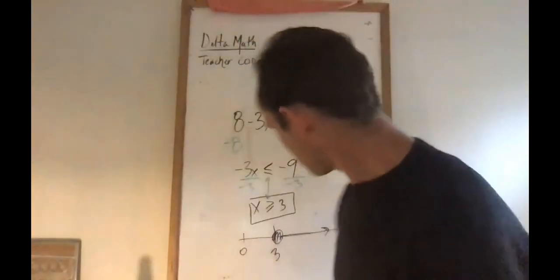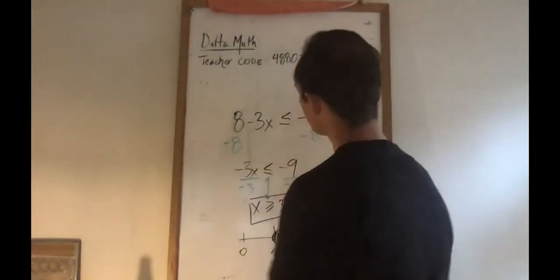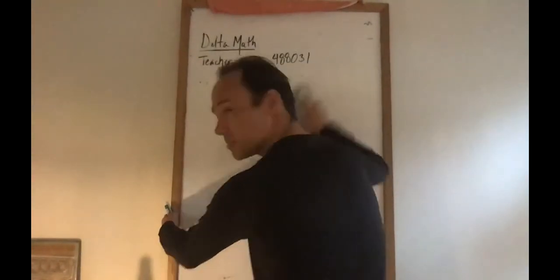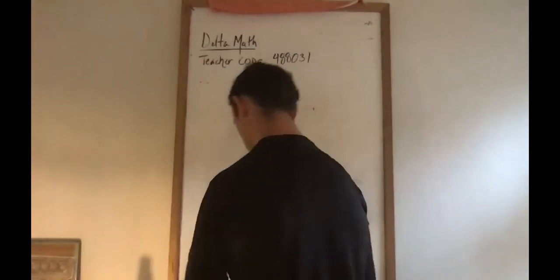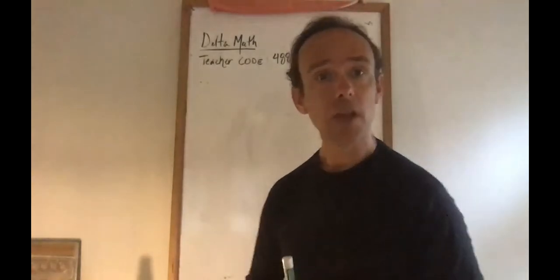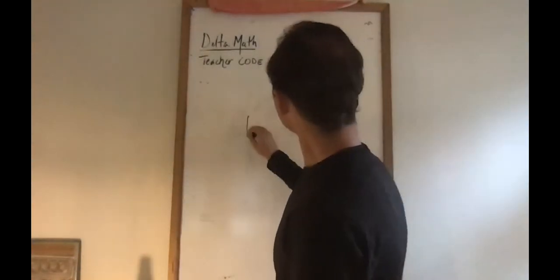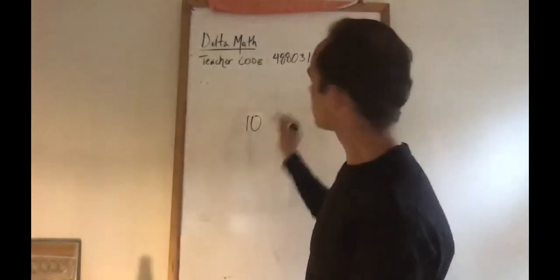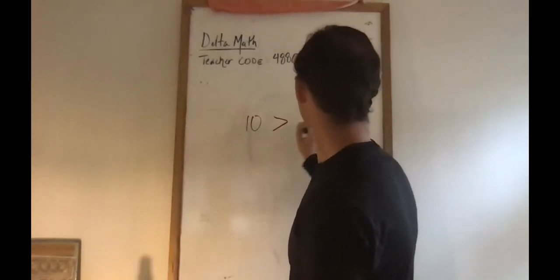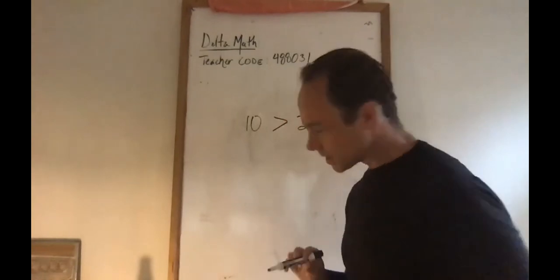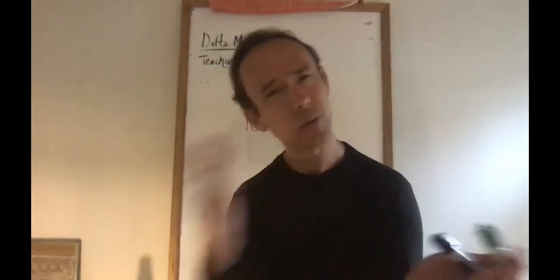All right. Well, I think that's probably about it for this video. I'll just remind you of a few things. If you write something that you know is true, you don't have to remember the rules about flipping the inequality around.